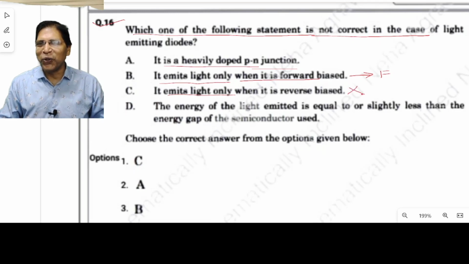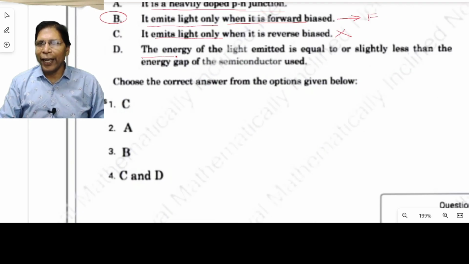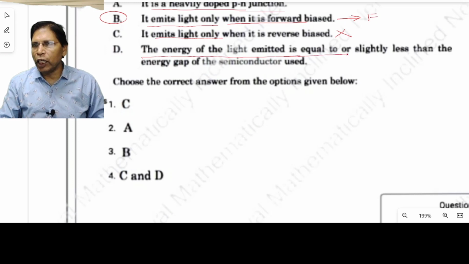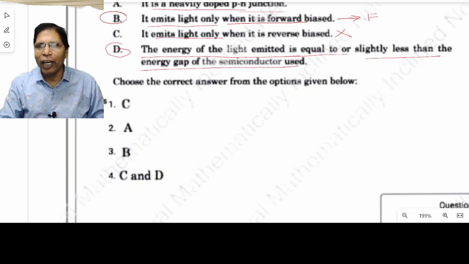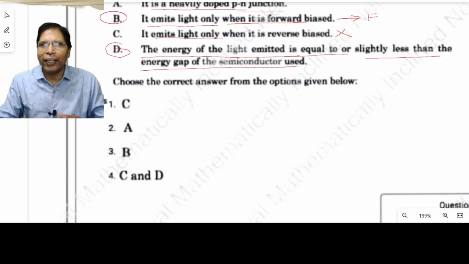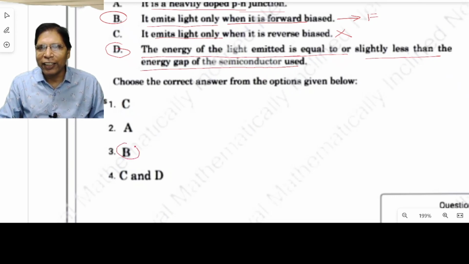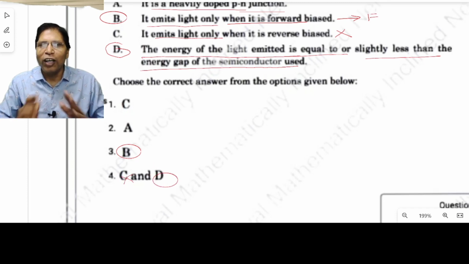No, that is wrong. The energy of the light emitted is equal to or slightly less than the energy gap of the semiconductor used. Yes, this is also correct. Therefore, B and D are correct, but C is false. So none of the options are correct.